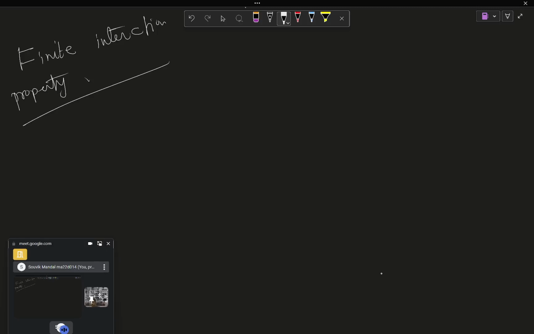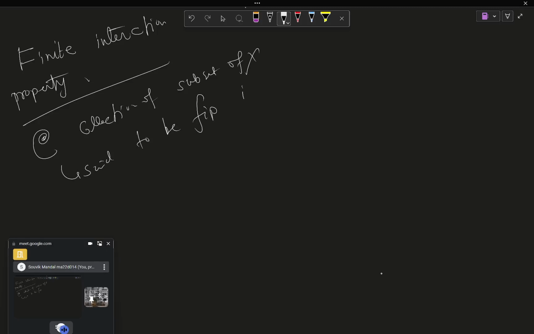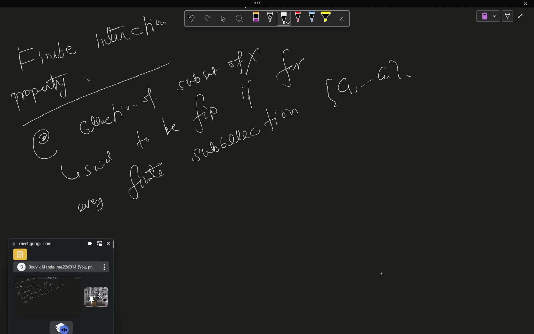A collection C of subsets of X is said to have the finite intersection property if for every finite subcollection C1, C2, up to Cn of C, the intersection C1 intersect ... intersect Cn is non-empty.